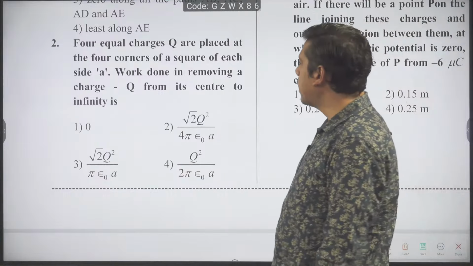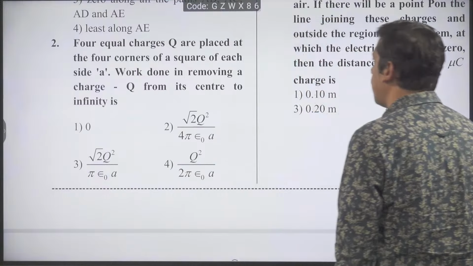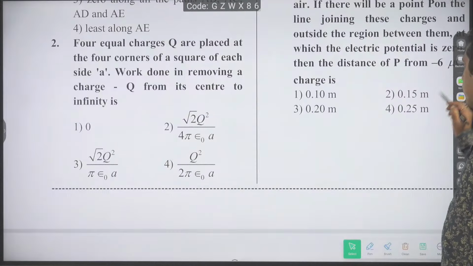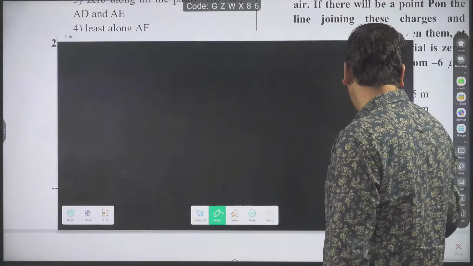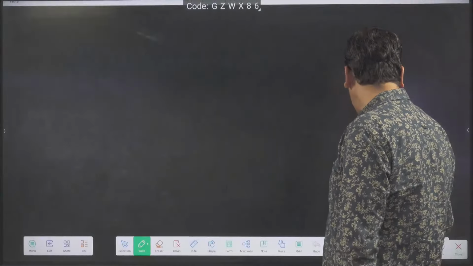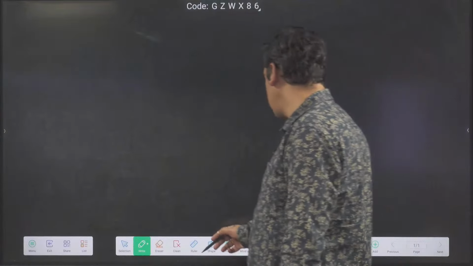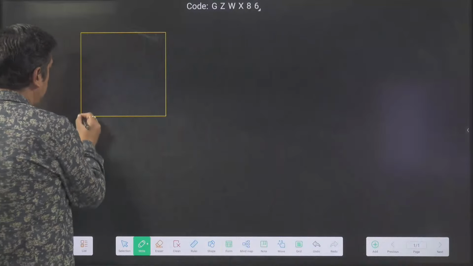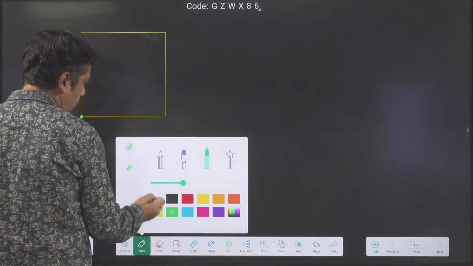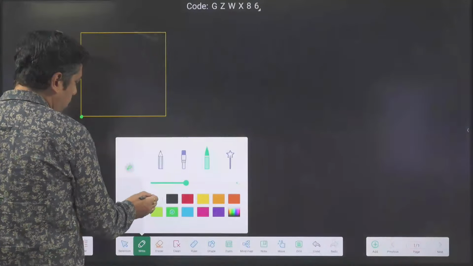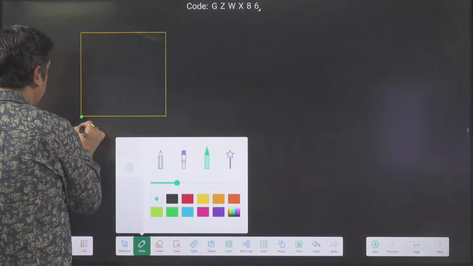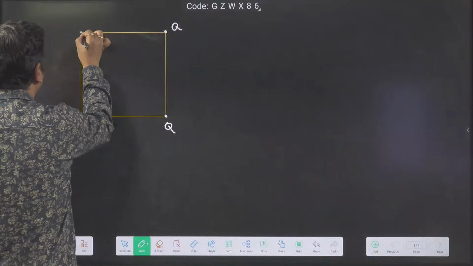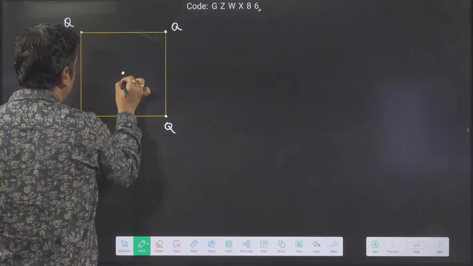Four equal charges are placed at the four corners of a square of each side A. Work done in removing a charge minus q from its center to infinity. Let's say charge q here.